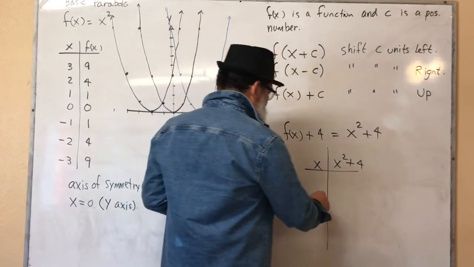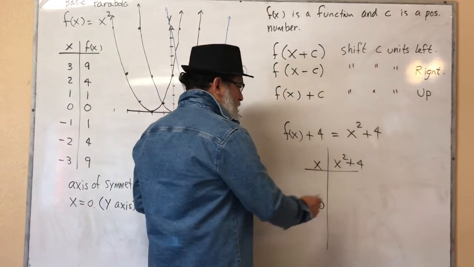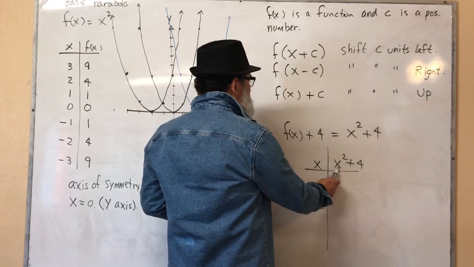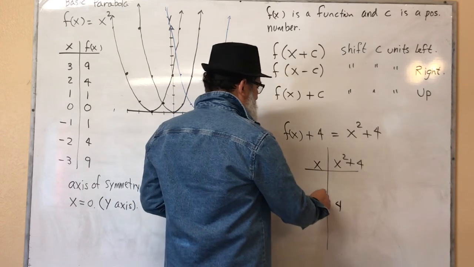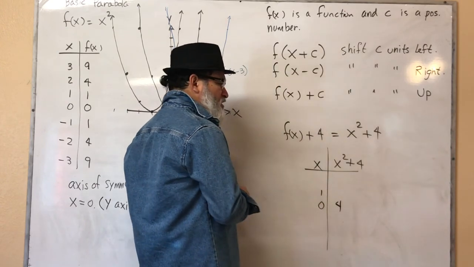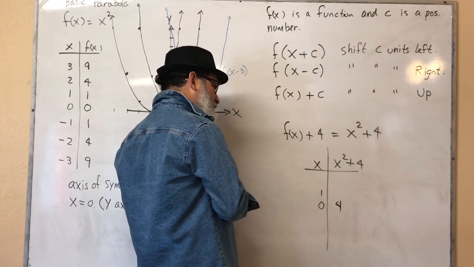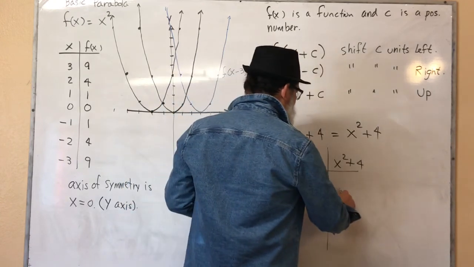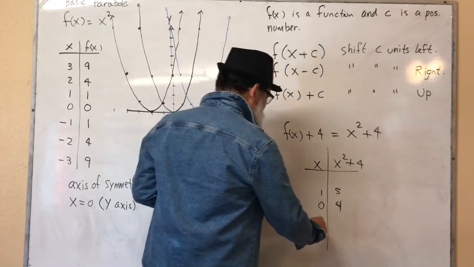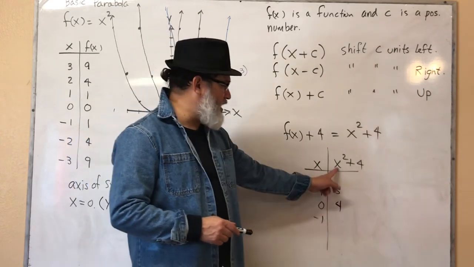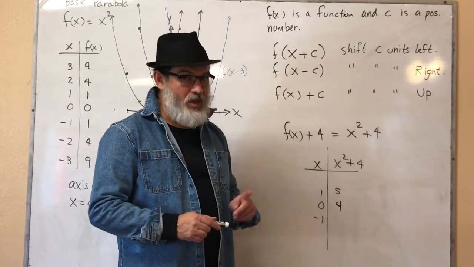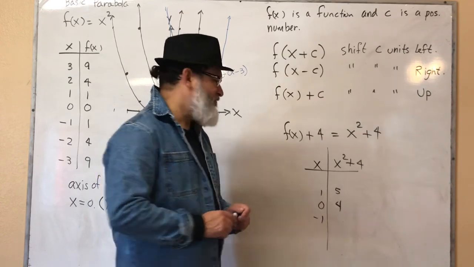If x is 0, what's 0 squared? 0. Plus 4, 4. If x is 1, what's 1 squared? 1. Plus 4, 5. If x is negative 1, what's negative 1 squared? 1. Plus 4, 5.